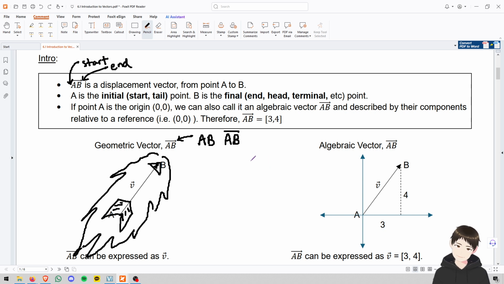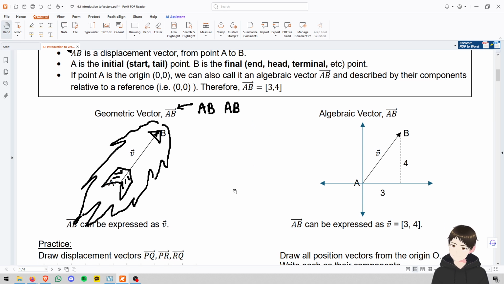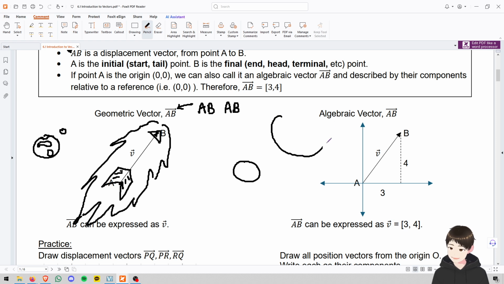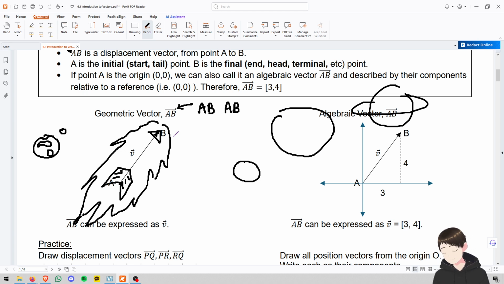Another way we can describe it is algebraically. So as opposed to saying, here's my start, here's my end, this is in 3D space with no real sense of direction. If this was literally a spaceship in space, like here's the Earth, round, here's the moon, here's Mars on the way, and then Jupiter and then Saturn, there is no up, down, left, or right.